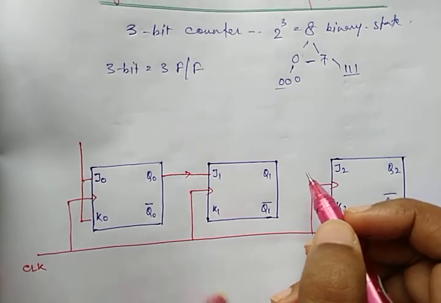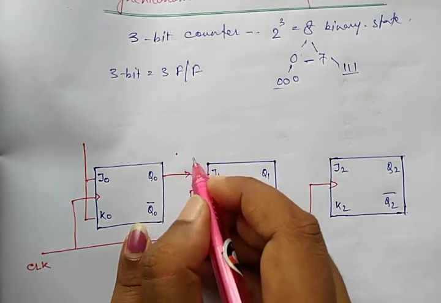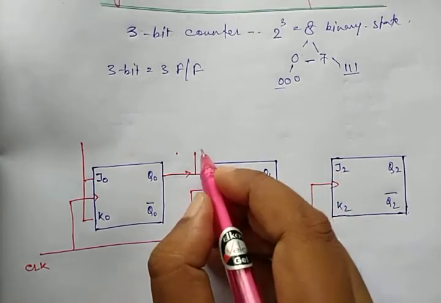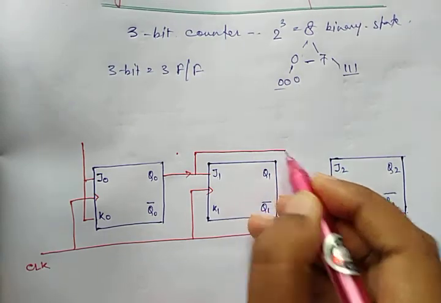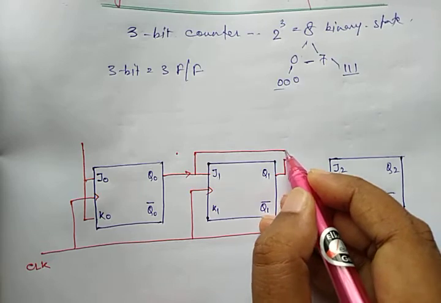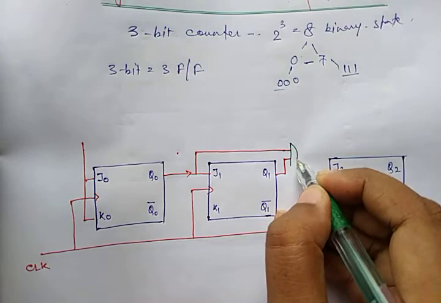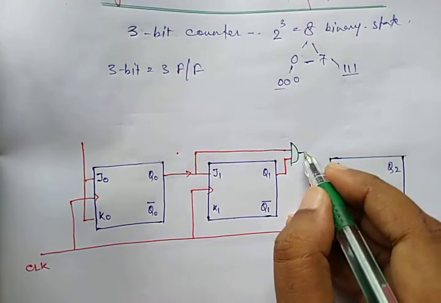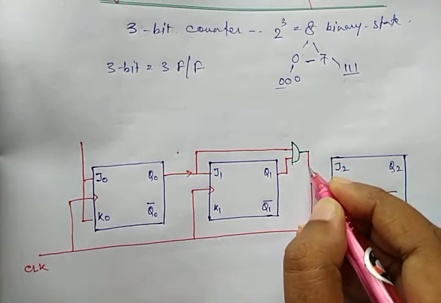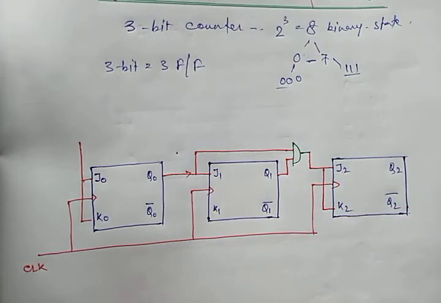It gets its input from the AND operation of Q0 and Q1. The AND operation of Q0 and Q1 is fed as the input to the next flip-flop, that is J2 K2.